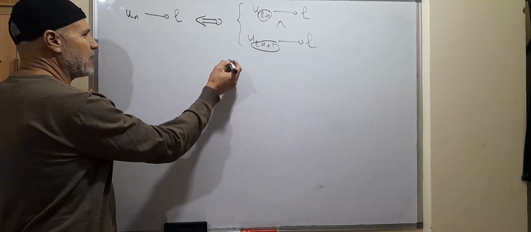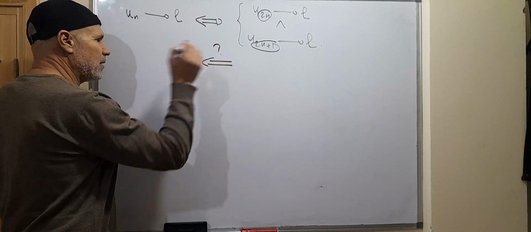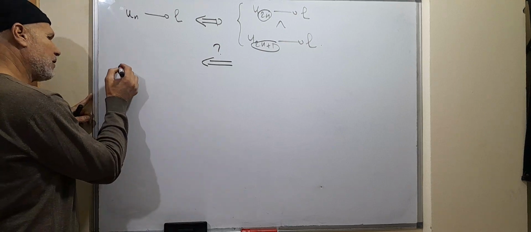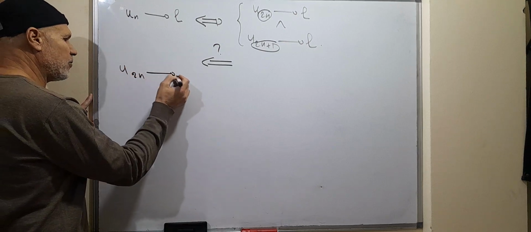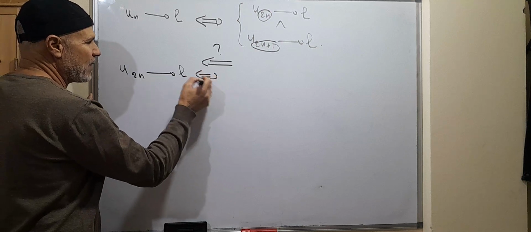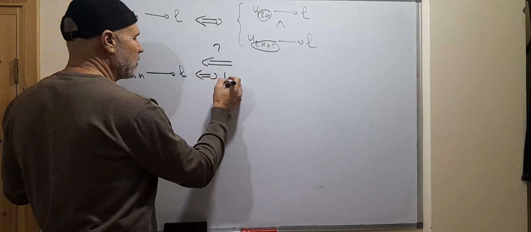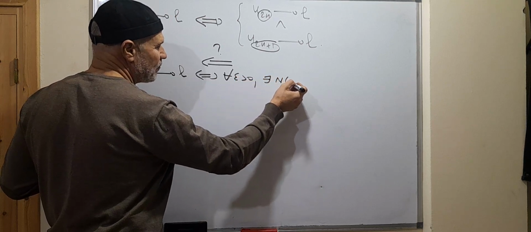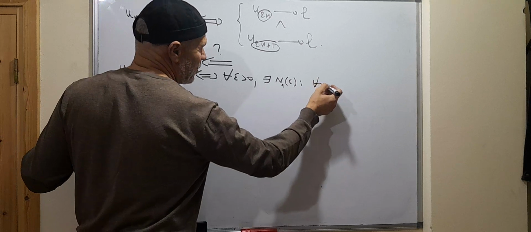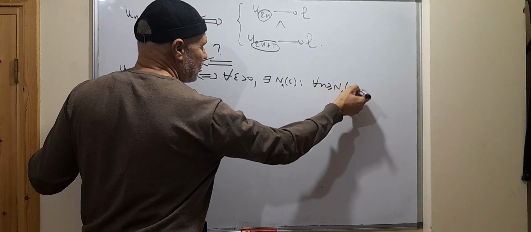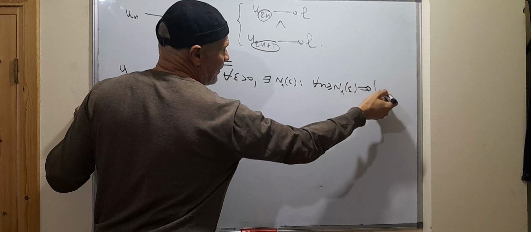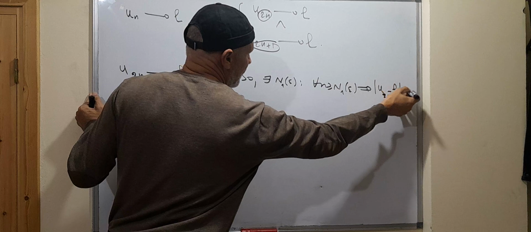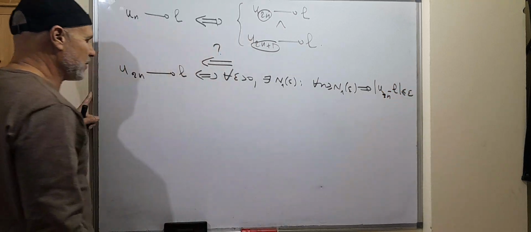In this sense, is it true? Actually, yes. Why? u_2n converges to L. This is equivalent to: for all epsilon greater than 0, we can find a rank n1(epsilon) such that starting from this rank, the difference between u_2n and L is less than or equal to epsilon.